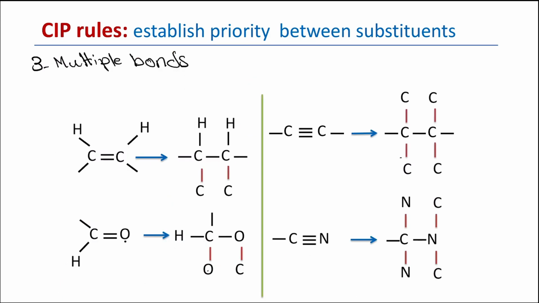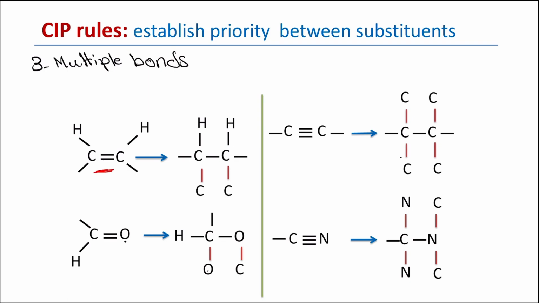So what about multiple bonds? If we have a double or triple bond, how can we deal with this? How can we compare it? So if you have a double or triple bond, then you need to consider this double bond as if they are single bonds. Of course, they are not single bonds, but for the sake of the rule, for the sake of making it easier to give priority to the different groups, you have to split it.